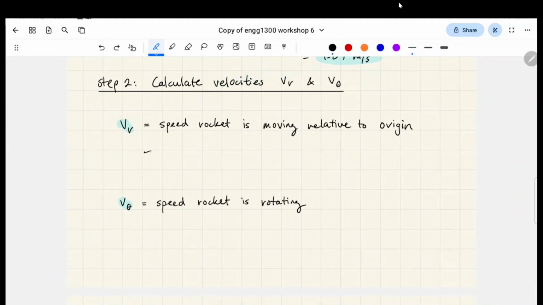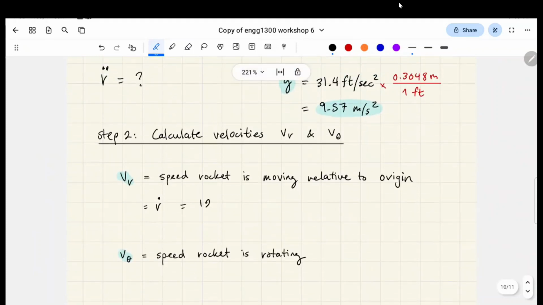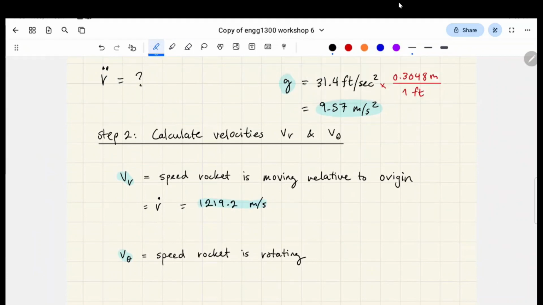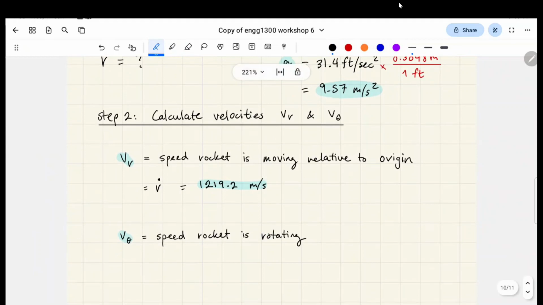Anyway, there's a formula for VR, which was r dot, and we know r dot because we calculated it earlier. The next one is the speed the rocket rotates, which is the radius multiplied by the angular velocity, and we've calculated both of these as well.